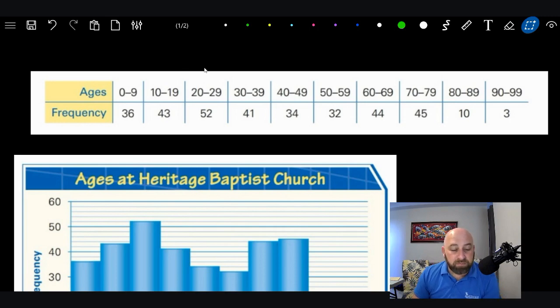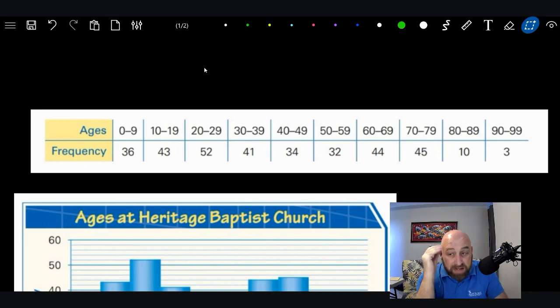Now, this would be like on an average Sunday, they just took the ages of everybody in the church. Well, if we started putting that information on a stem and leaf, we would have a bunch of stems. We would have 10 stems. And then look at how many we'd have, like on the 20 to 29, there's 52.